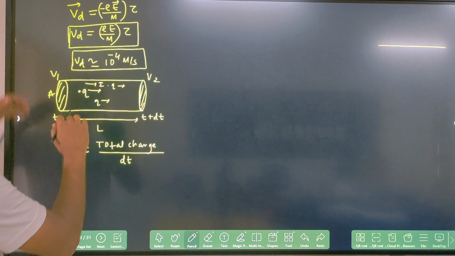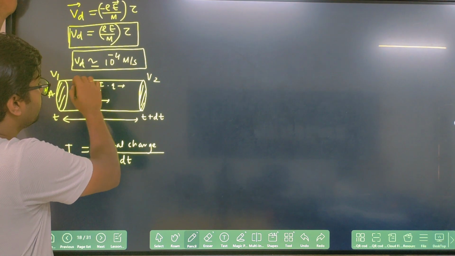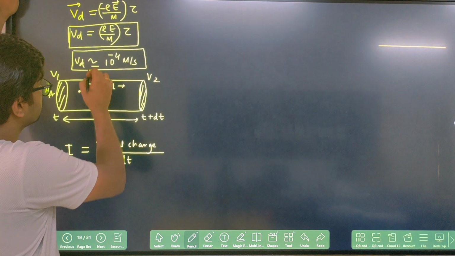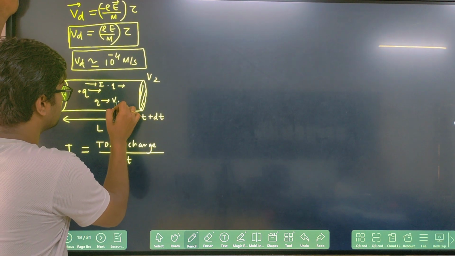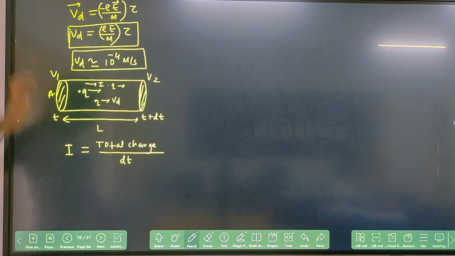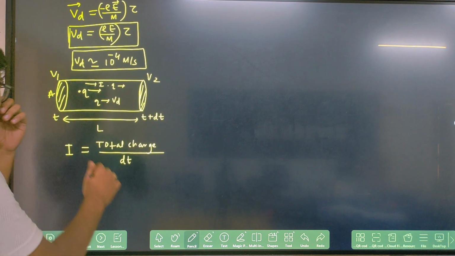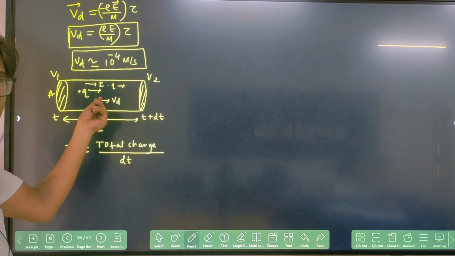You know that all the charges are moving inside the conductor with the drift velocity, that is Vd. Here I am taking the positive charge, nothing different here.